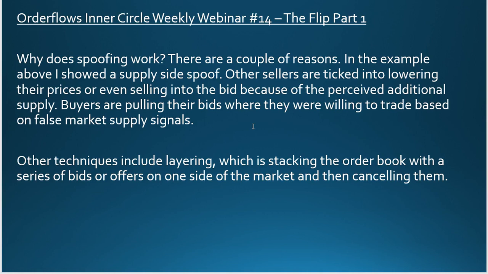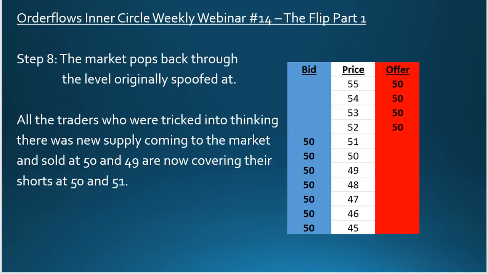So what I just showed you is a basic spoofing, how that works. Now there are other techniques, which is layering, which is also what the guy, Navinder Singh, did. Layering would be, you work bids, you just stack them in here, 500, 500, 500, 500, 500.